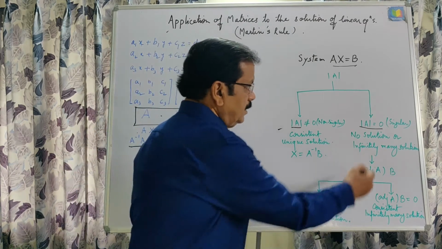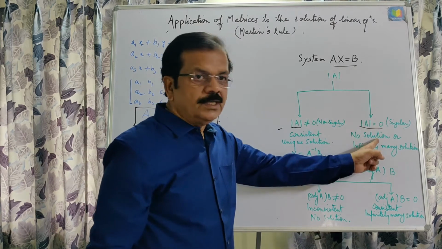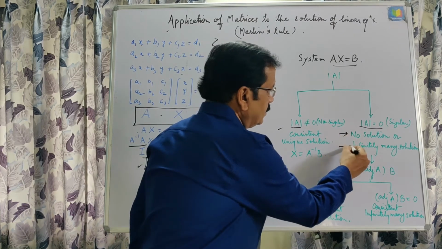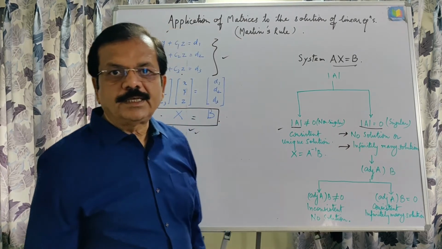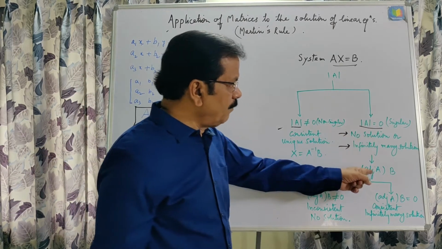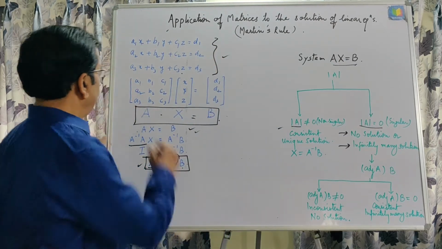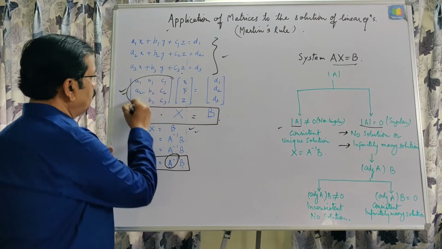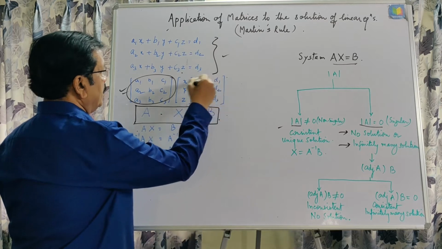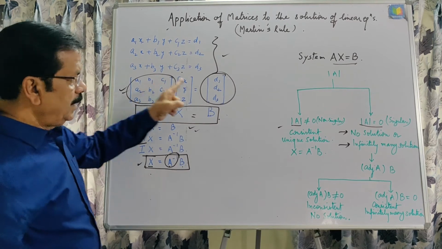But here we try to find out whether the system has no solution or infinitely many solutions. There are 2 more conditions for testing this. Now we find the adjoint of A into B, multiplying this adjoint of A into B.